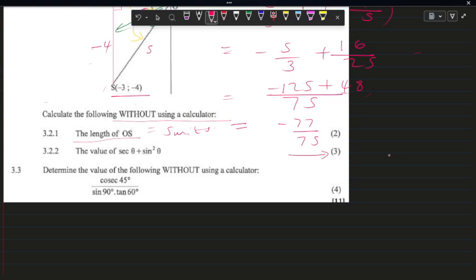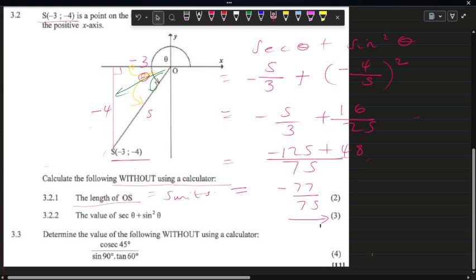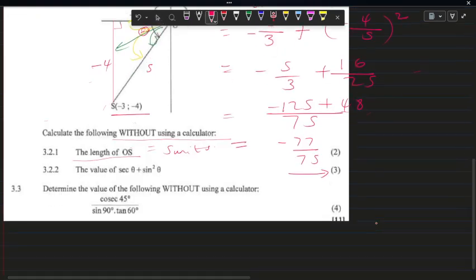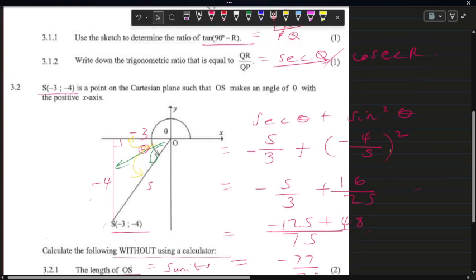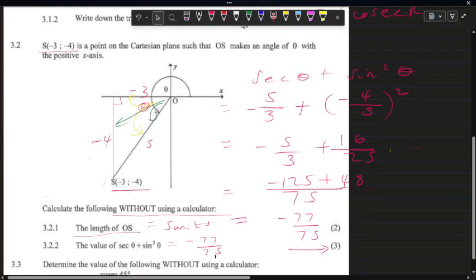So the answer is negative 77 over 75. Okay, so this is our final answer. So this is the answer for 3.2.2. So it's negative 77 divided by 75.